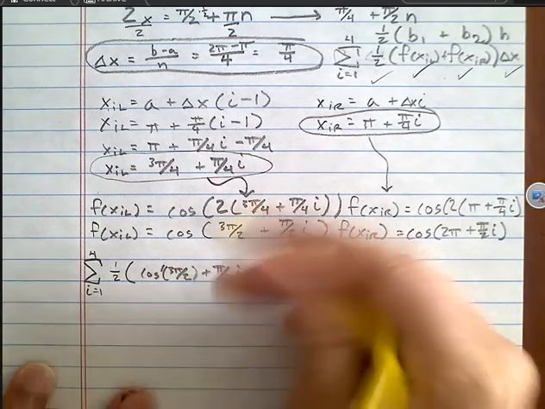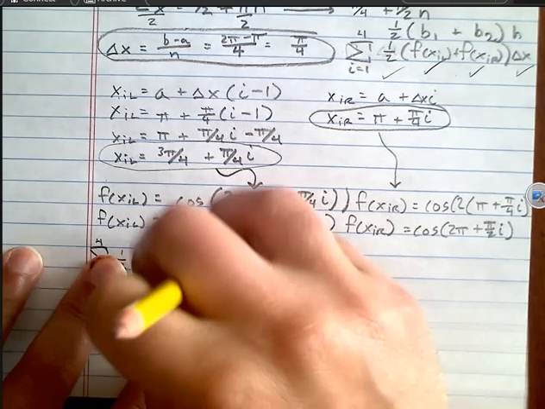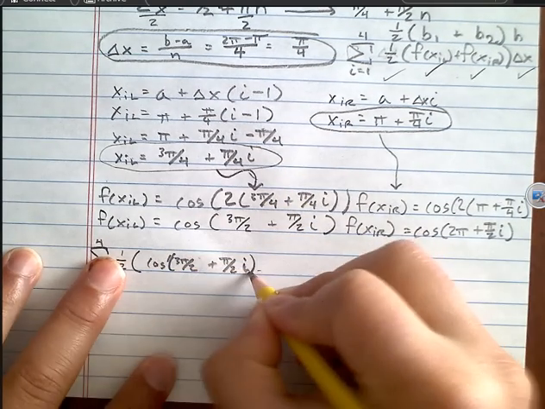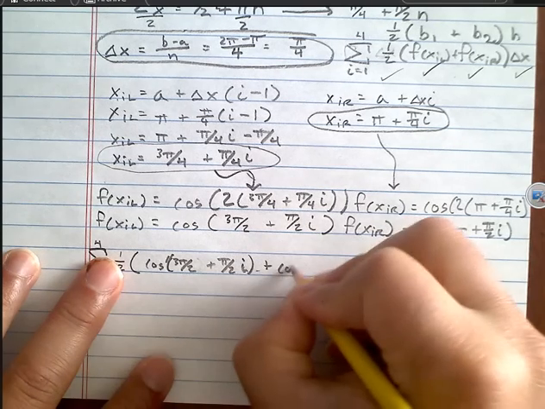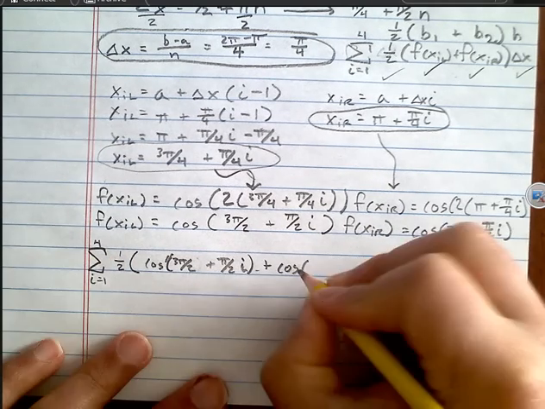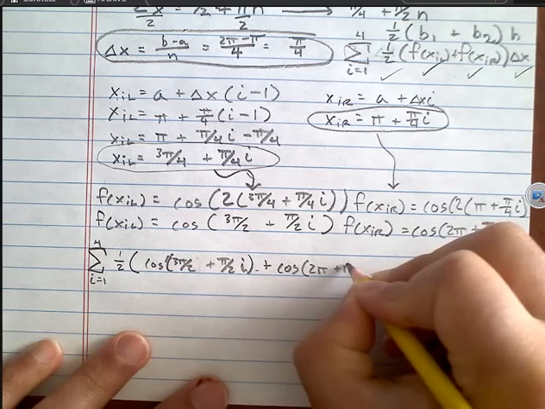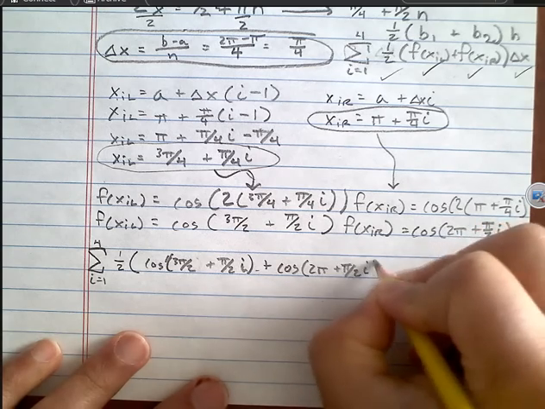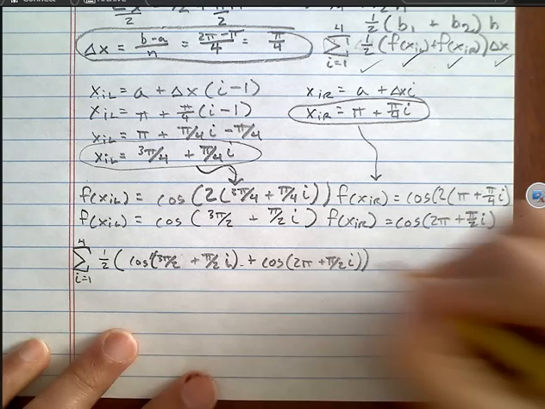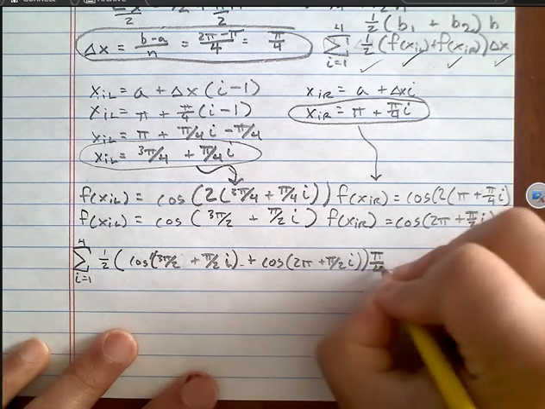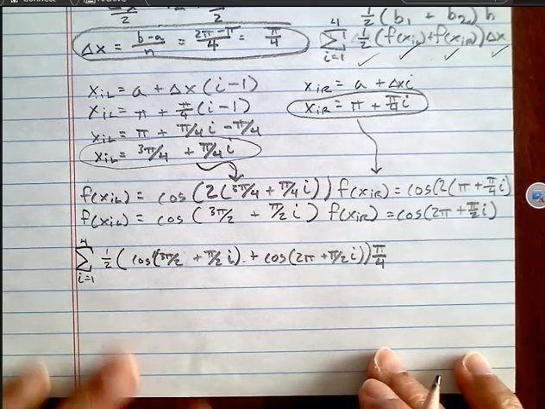Okay, I don't know why I ended my parentheses right there, I'm sorry. Alright, plus cosine of 2 pi plus pi over 2 i in parentheses, times delta x, which is pi over 4. Woo! That's a lot.